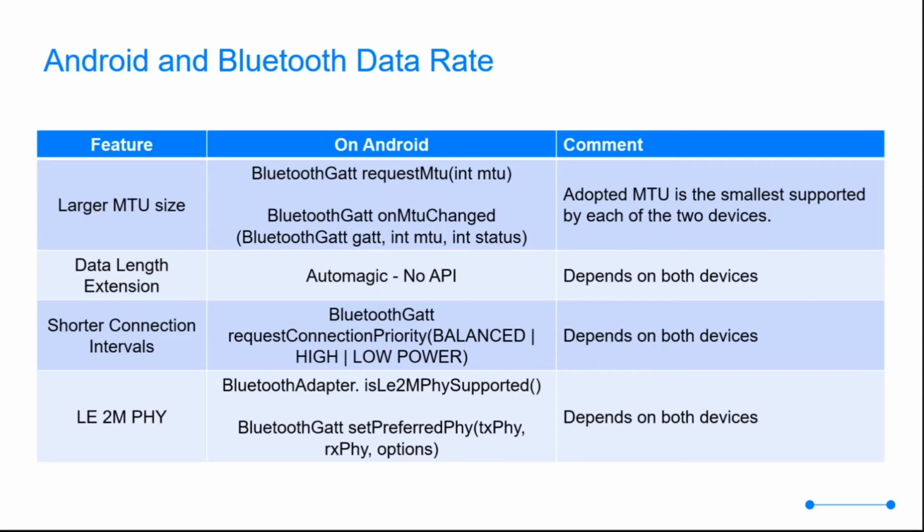Shorter connection intervals are going to give you more opportunity to send data over your connection, and you'll probably get an improvement in throughput if you use the LE 2M physical layer variant rather than the LE 1M, 1 megasymbol per second default. And you can see there are various Android APIs there that I've thrown up onto the screen just to give you a quick reference as to where to look in the API reference documentation.